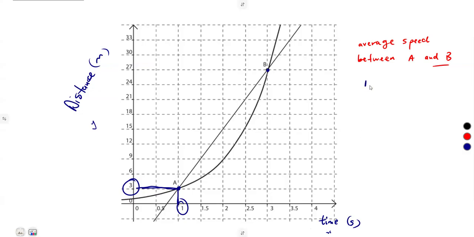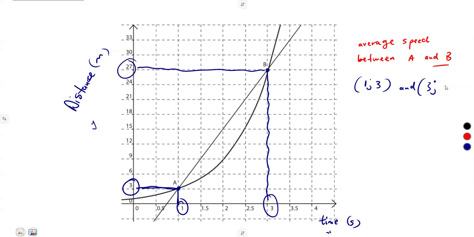So you remember you start with X followed by the Y value. And another one, at B, we're going to take as our second point. What is the value of X there? It is 3. And the value of Y, taking the Y-axis, is 27. So you have all the points just like before.